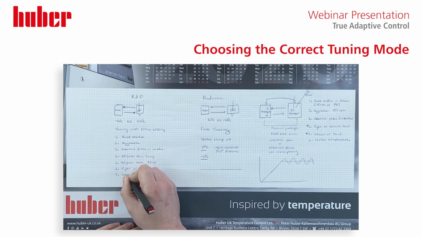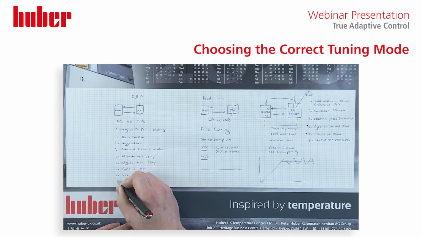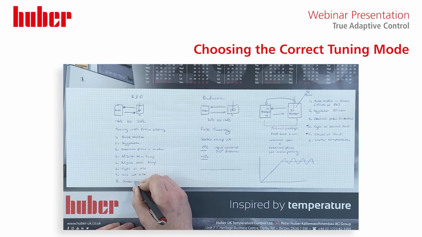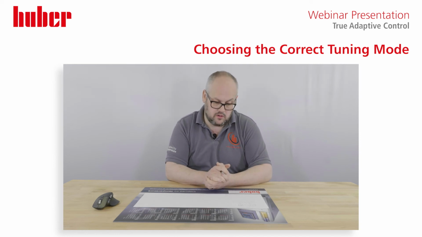Seven is volume of HTF, and then 8 is a stable temperature to start with. So we've got our 8 points where we've talked about we need to adjust our min and maximum temperature.